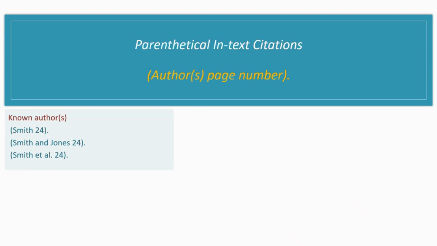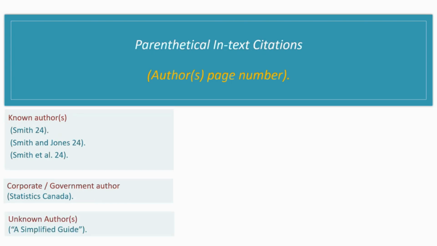Now, we may not have a human author, but an organizational author, like in the printing of reports. In that case, the organization becomes the author, like Statistics Canada. Some texts don't have known authors at all, so we use a title or a shortened title instead. This is common with web pages, news articles, encyclopedia or dictionary entries.